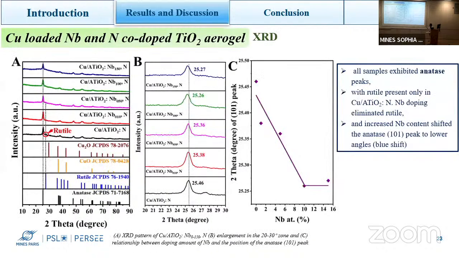And then we look at the niobium co-doped sample. There is also the anatase phase and the blue shift, and without niobium doping we also observed the rutile phase because of the ammonia treatment. And also from here, we didn't observe the copper oxide species peak. This is also as before, even in ammonia treatment, we didn't observe the copper peak.